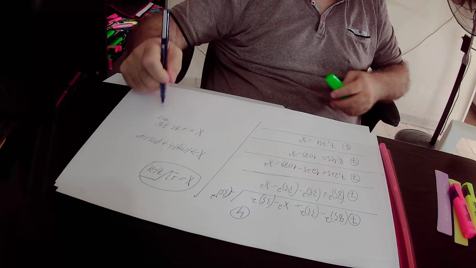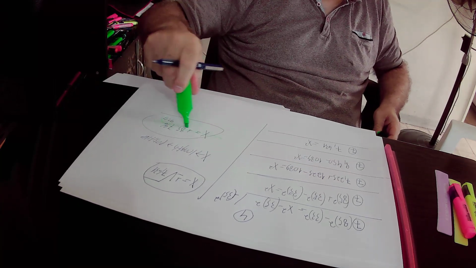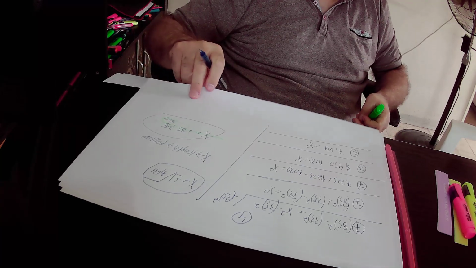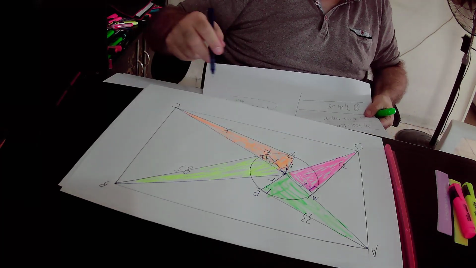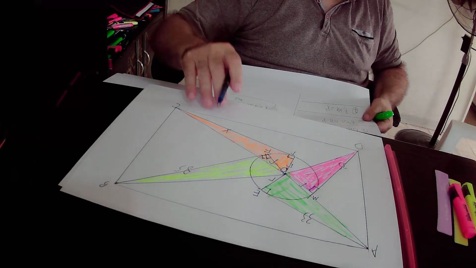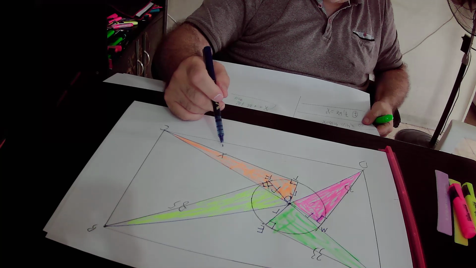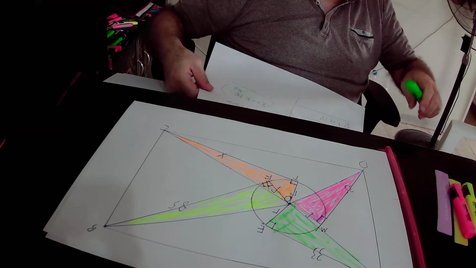Okay, the answer to the question is the length of line segment x equals 85.796 units. We finished with the first question.